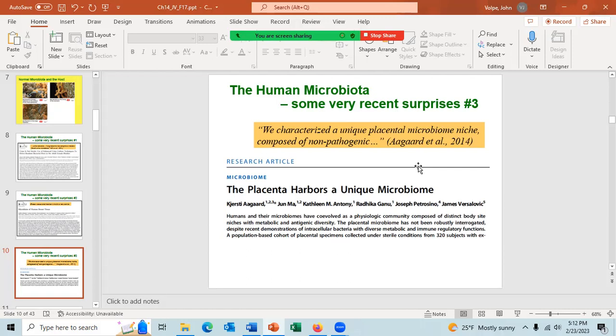If you don't know, the placenta is only around for a short period of time, at least relatively short. And so it's kind of unique that it has a specific normal microbiota, which is not found elsewhere in the human body. Any questions about any of these?